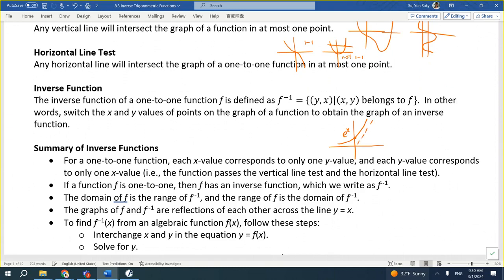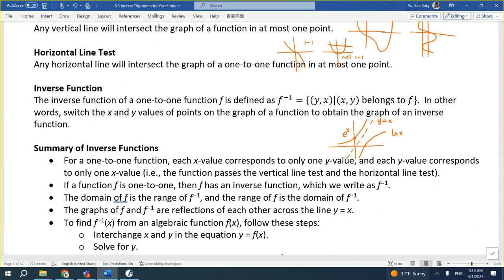For a one-to-one function, we find the mirror image across the line y equals x, and you get the graph of this. This is natural log of x. In college algebra or applied algebra, we introduce the inverse function and then we talk about exponential and logarithm functions. Do you still remember?